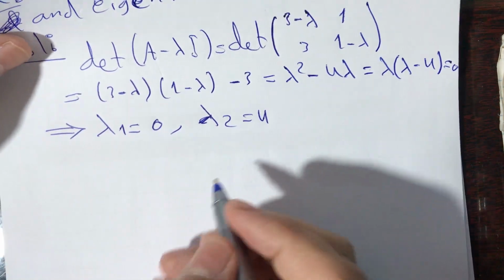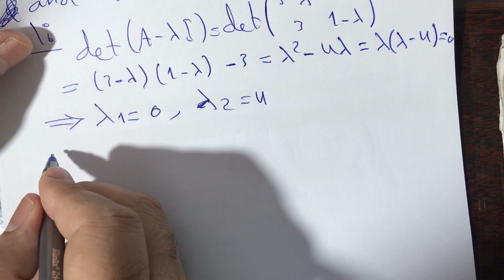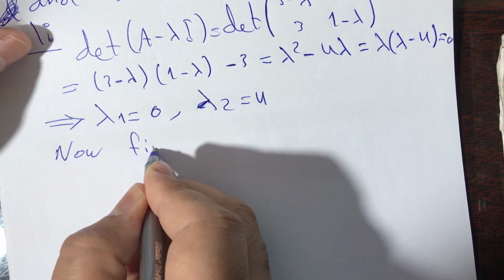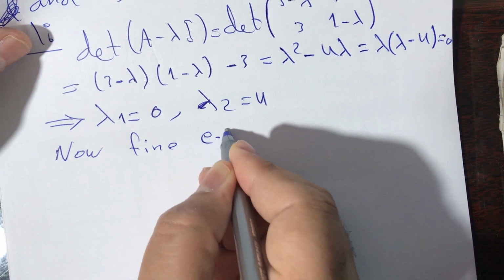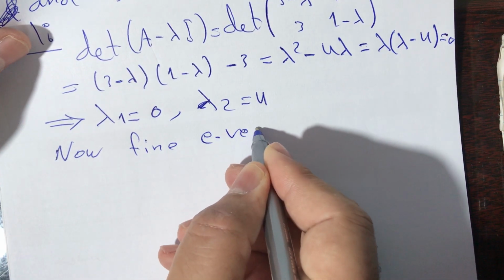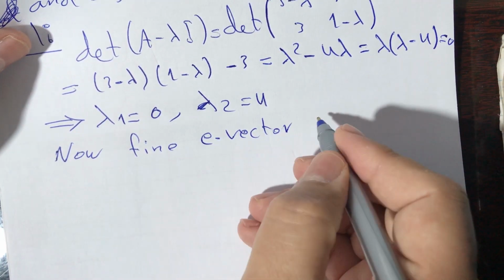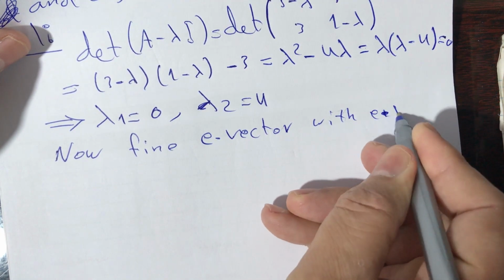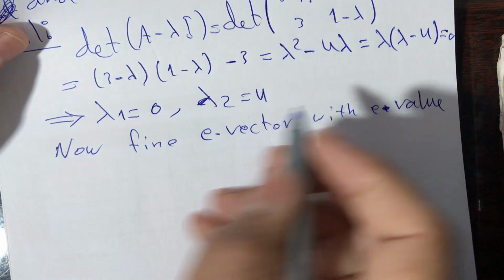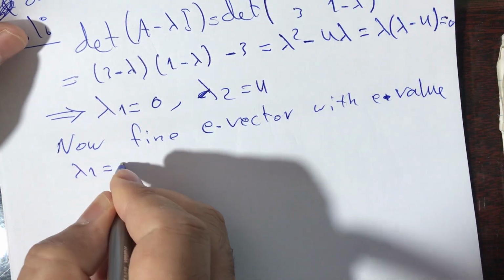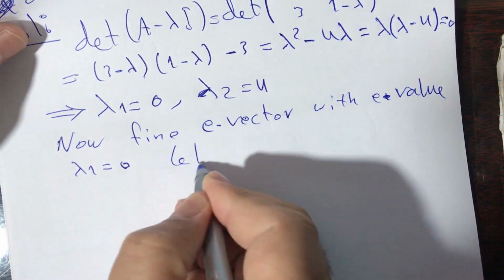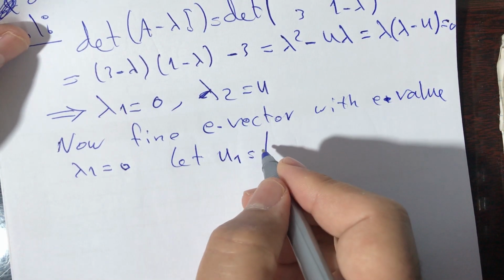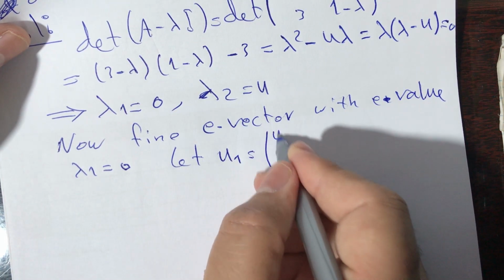Now try to find the eigenvector with eigenvalue lambda 1 equal to 0. Let u1 be equal to u, v.